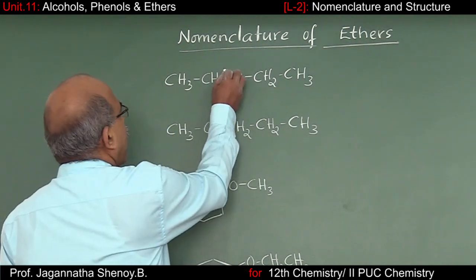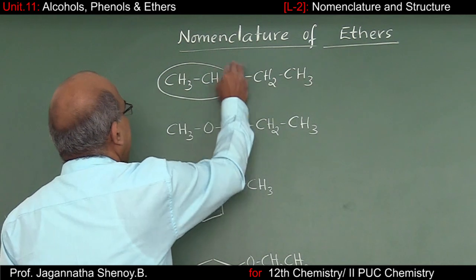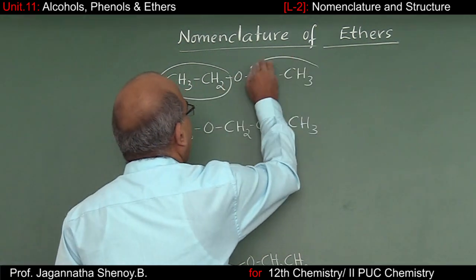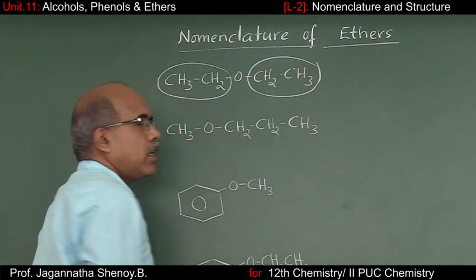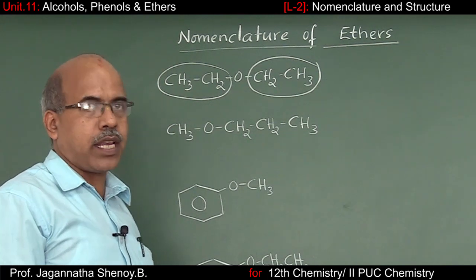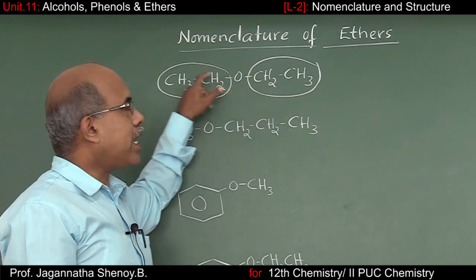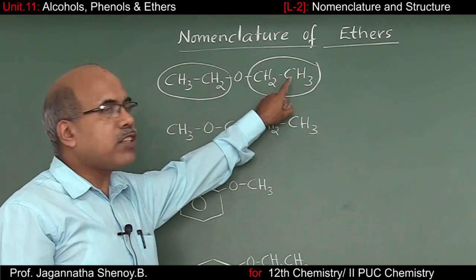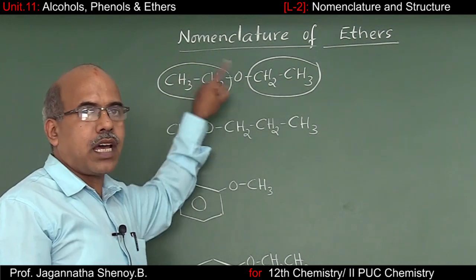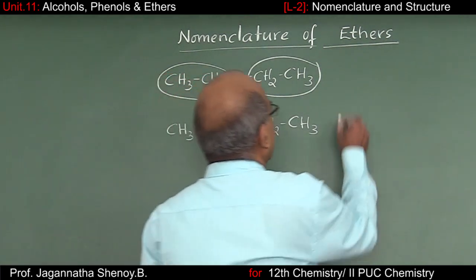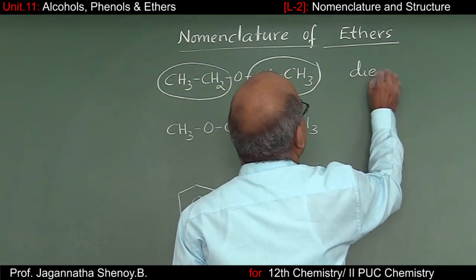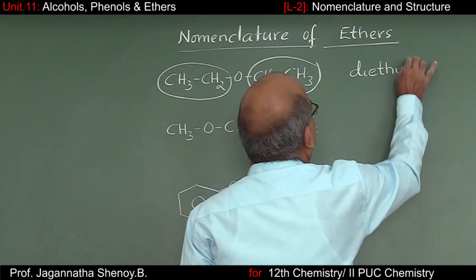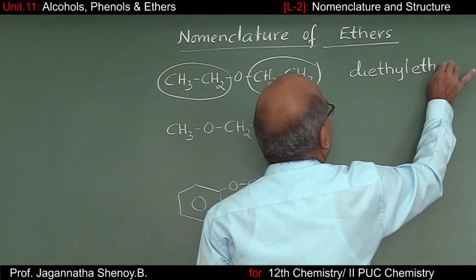In this case, on the left-hand side we have an ethyl group, right-hand side also we have an ethyl group. So we have two ethyl groups. So it's a diethyl, and here you have oxygen. So the name of the compound is diethyl ether. So the common name of this compound is diethyl ether.